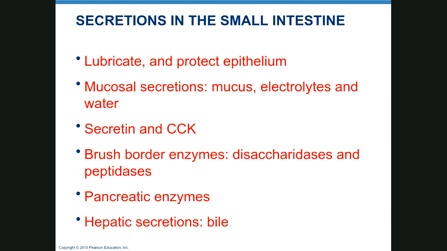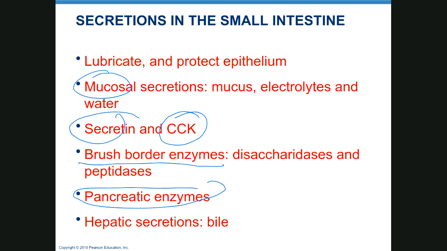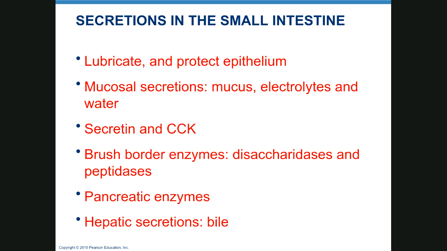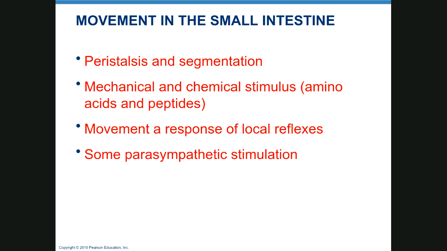Okay, so secretions in the small intestine: you have the mucus, secretin and cholecystokinin, which are hormones, brush border enzymes, pancreatic enzymes, and bile. So all these things are going to be secreted into the duodenum. Movements: peristalsis and segmentation.